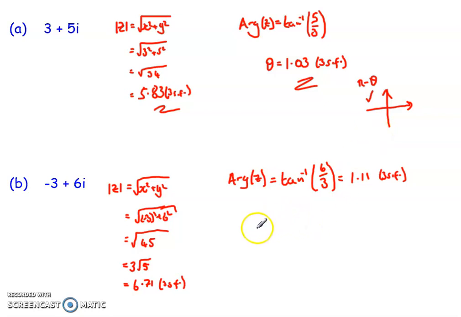So in this case, my theta gives me the argument of z being pi, take away this 1.11, which if I do pi, take away that, I get 2.03 for my argument. So there you go, there's my argument of that number, and here's the previously calculated modulus.